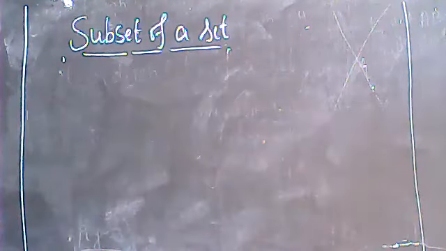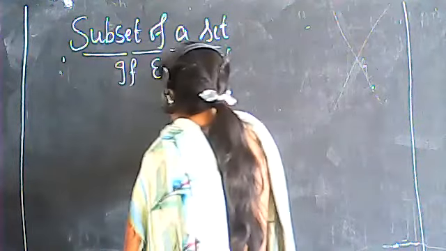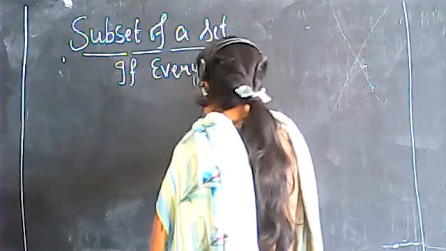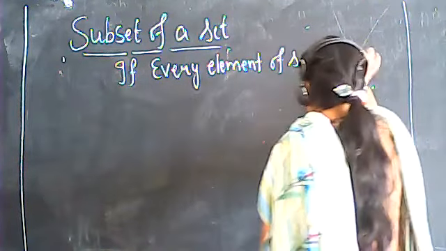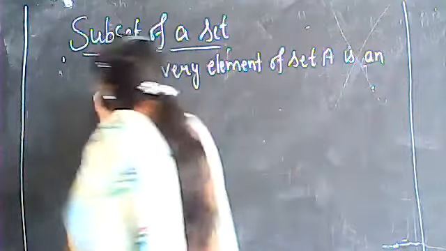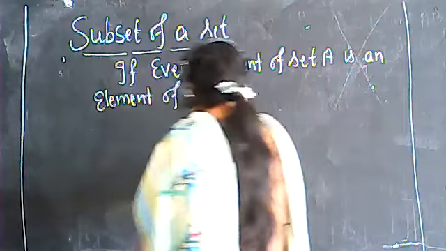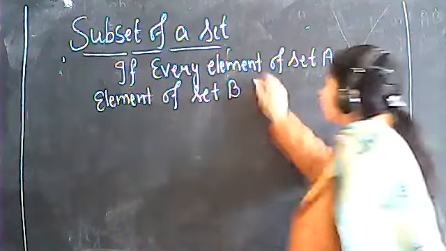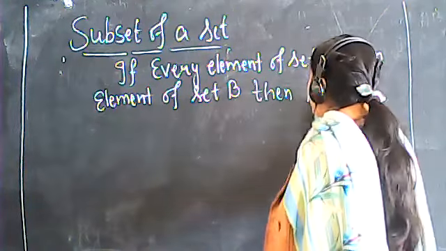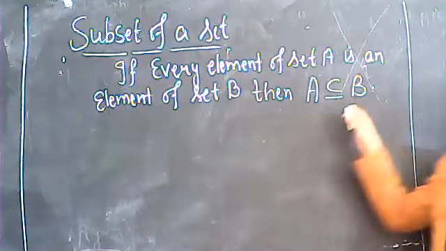If every element of set A is an element of set B, then we can say A is a subset of B.